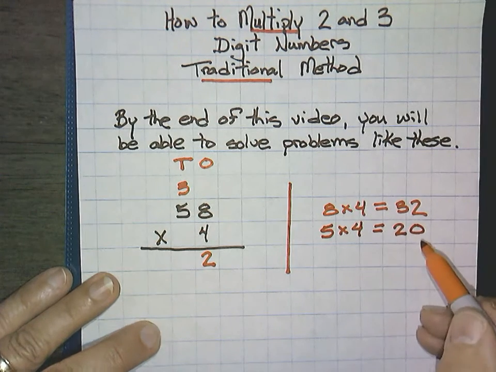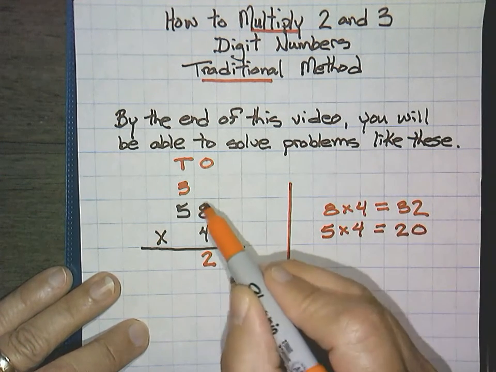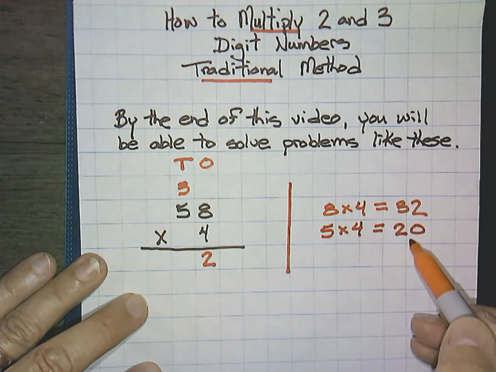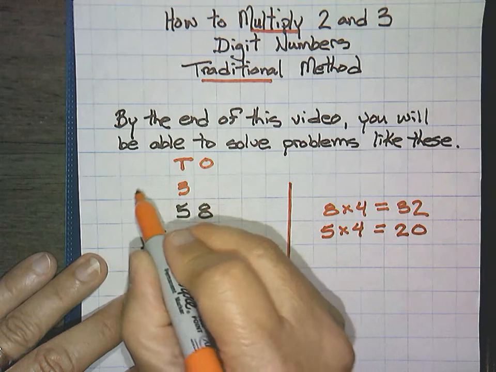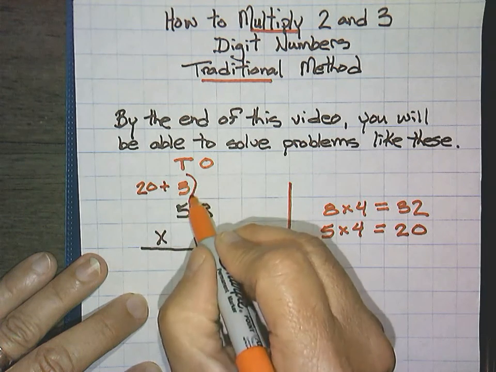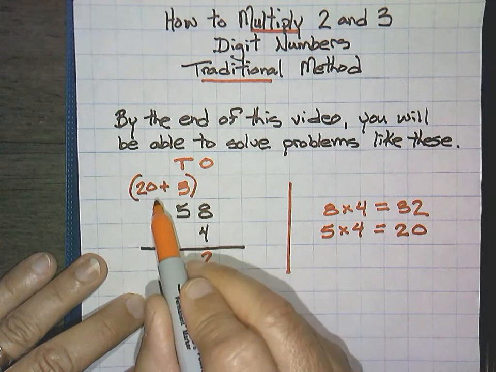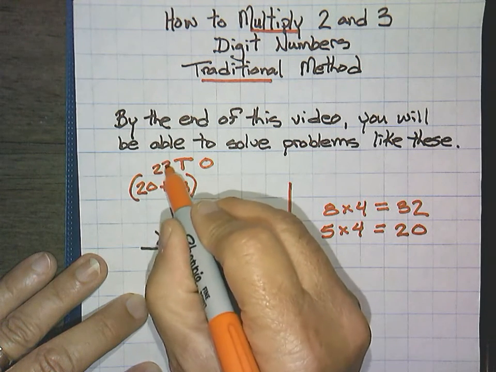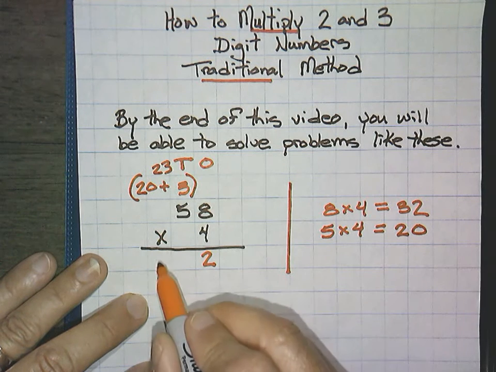would be 20. But because we have the 3 regrouped in the tens, we're going to have to take that 20 and add it. I'm going to show it by putting that up here. So 20 plus 3 would be 23.